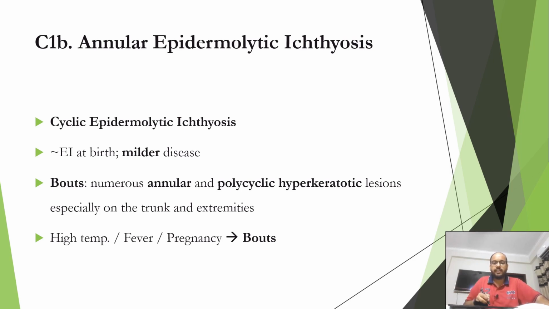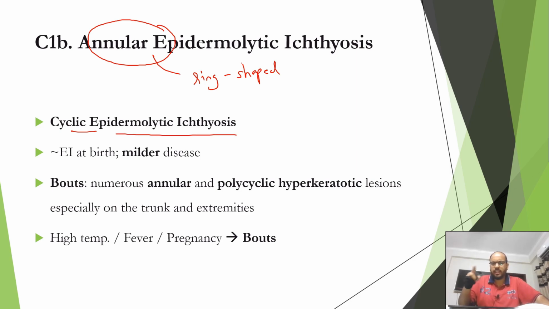Now, the second variant that we'll discuss is annular epidermolytic ichthyosis. By annular, we mean ring-like or ring-shaped, so it will be cyclic epidermolytic ichthyosis, with cyclic lesions. The features are the same as epidermolytic ichthyosis at birth, and it's again a milder disease.